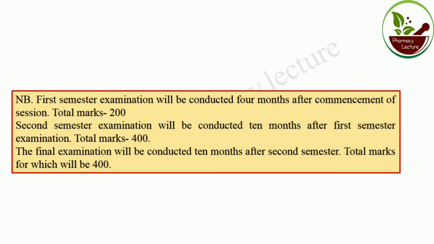Then the final examination will be conducted 10 months after the second semester, and the total mark is 400. This is the pattern of examination and the marks distribution of the subjects.